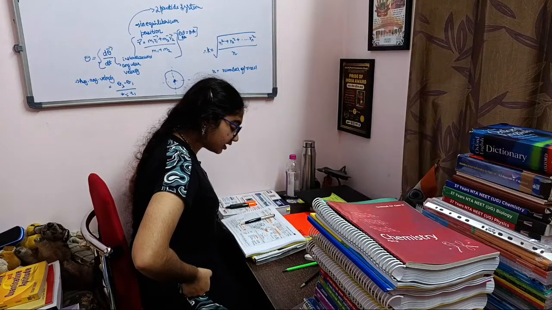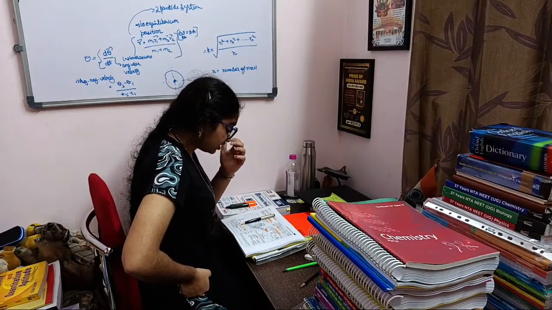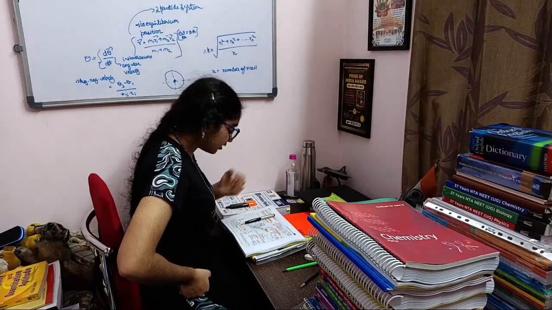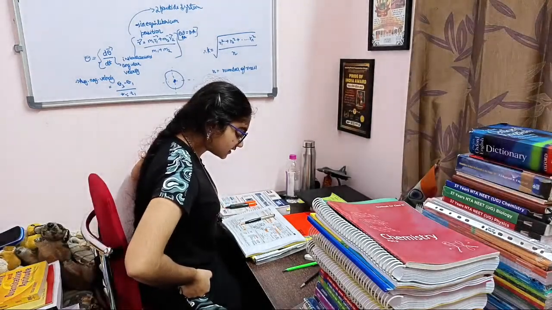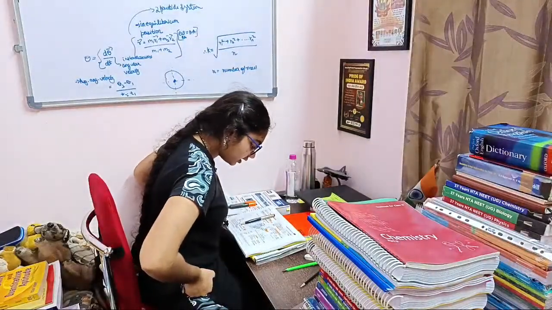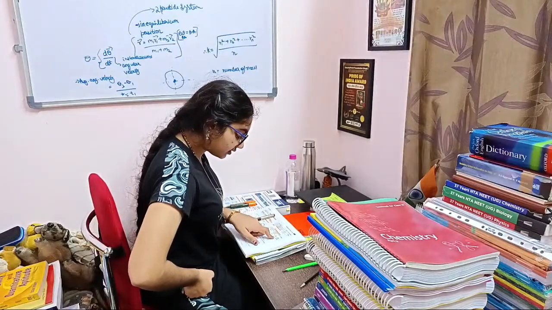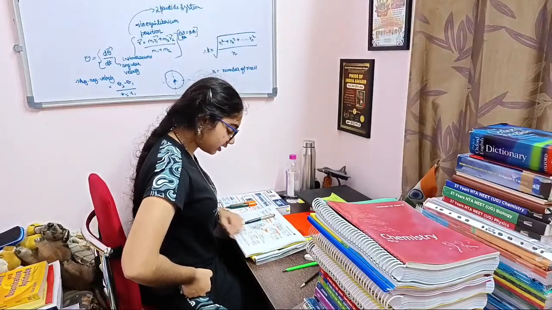Aortic receptors are at the aortic arch. Then carotid receptors are at the carotid artery.